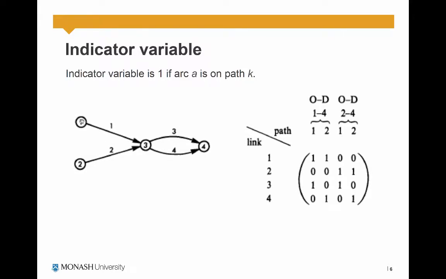Between node 1 and 3, there is only one path, which includes link 1. However, between node 1 and 4, there are 2 possible paths. One includes link 1 and 3. The other path includes link 1 and 4.